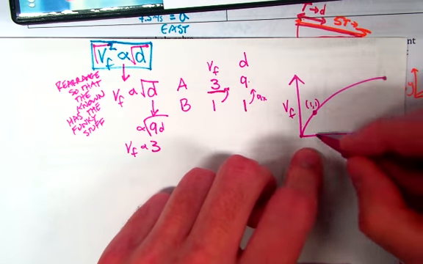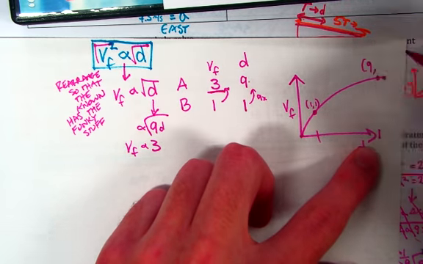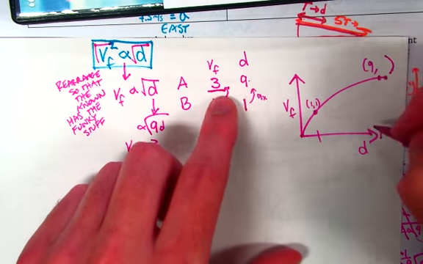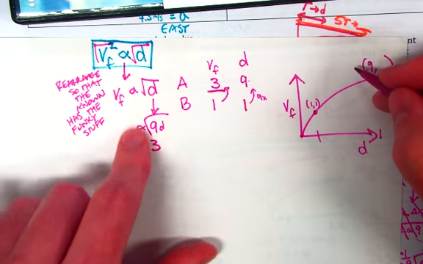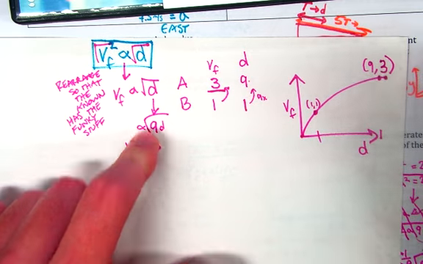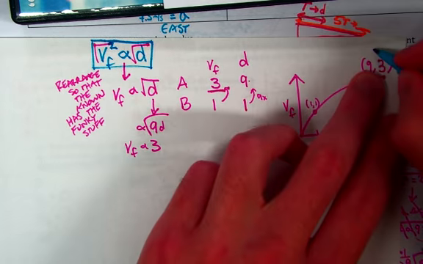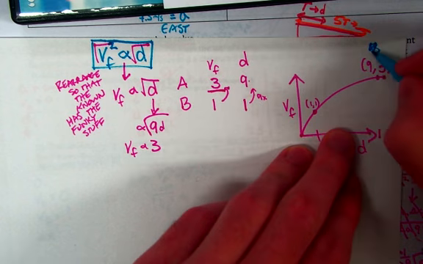It says that I have 9 times the distance now, so 9, and then I plug it in, turn the crank, and the square root gives 3.